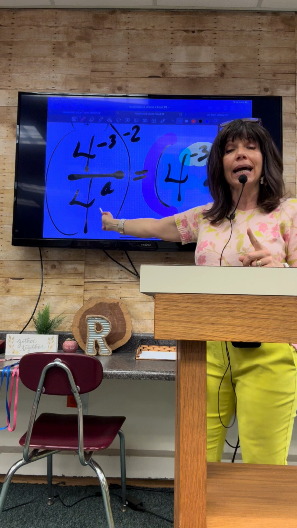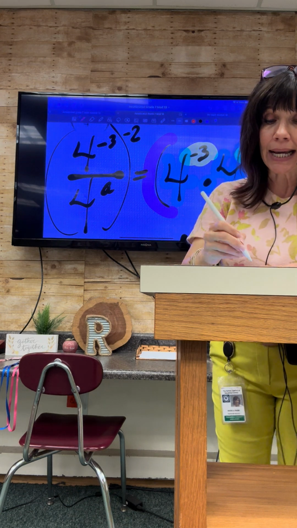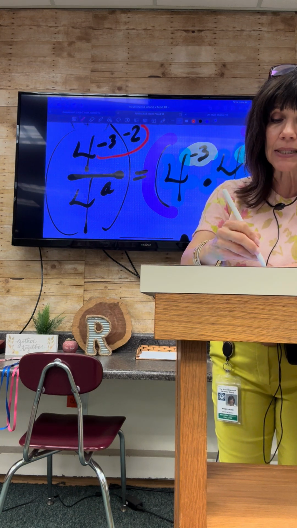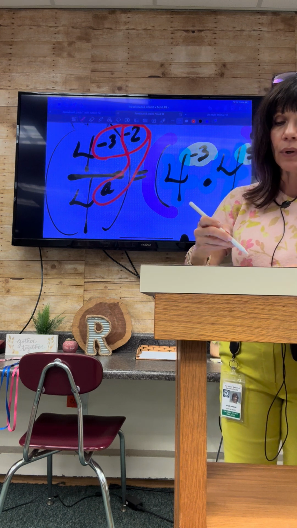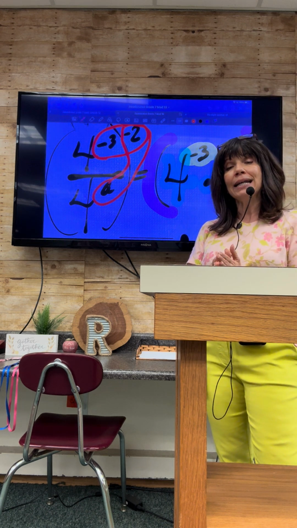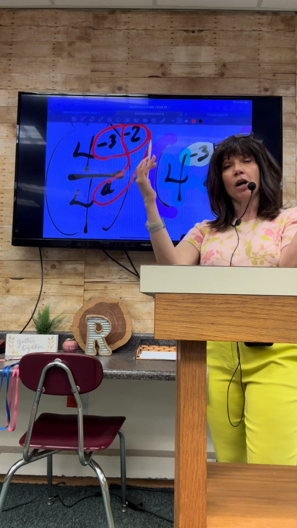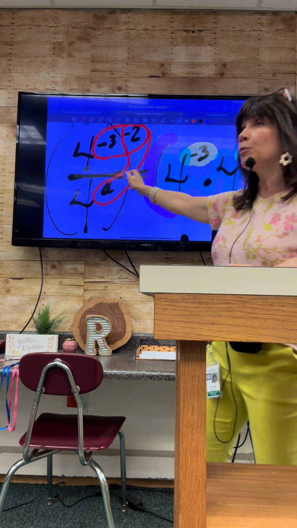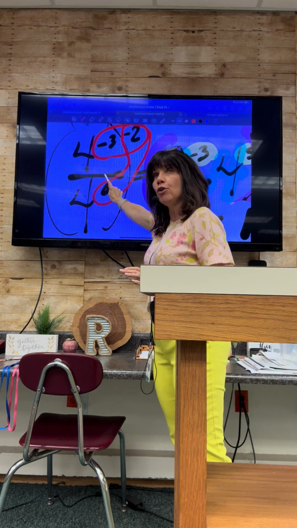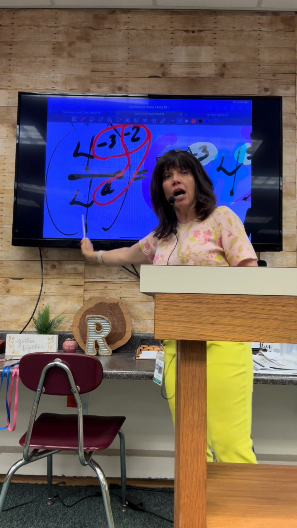But can I go ahead and apply negative 3 times negative 2 and a times negative 2? Because when we have a divide by bar and the parentheses, and the negative 2 power is outside the parentheses, it applies to both the numerator and the denominator.